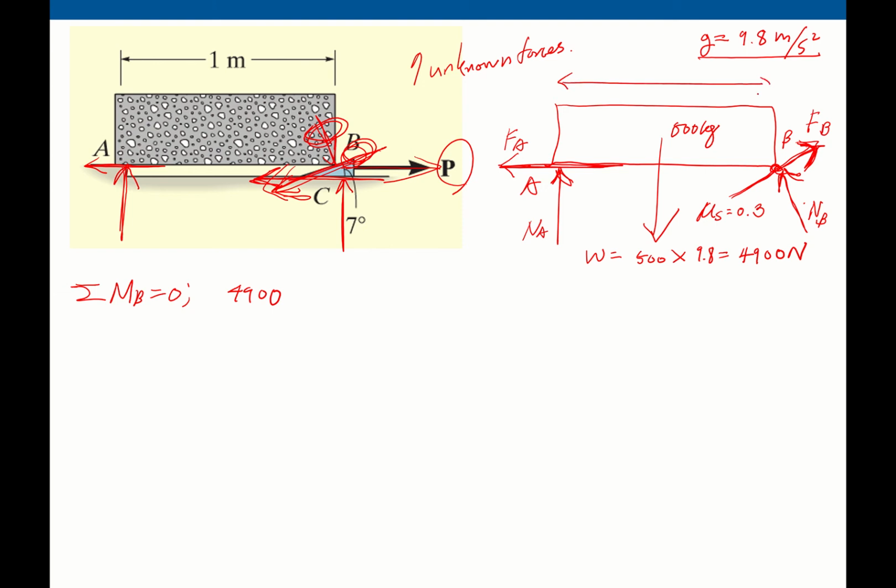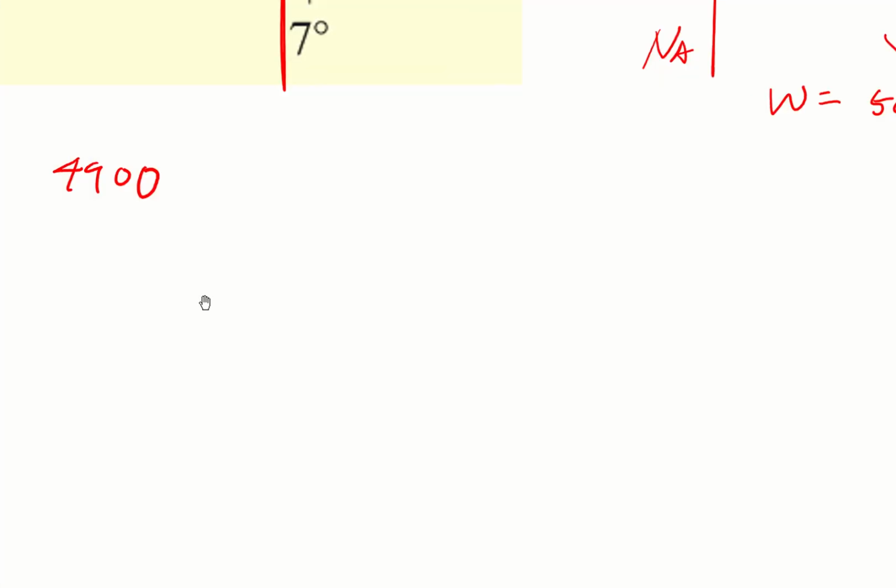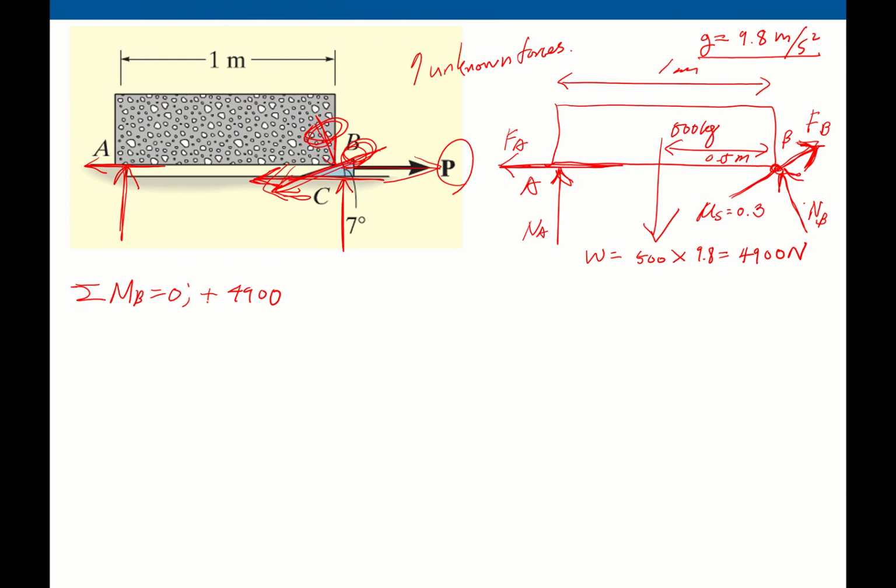Let's say this is 1 meter. 4,900 Newtons times the perpendicular distance to point B, which is 0.5, because this stone has uniform density, so the center of gravity is at the center of the stone, half of the width.